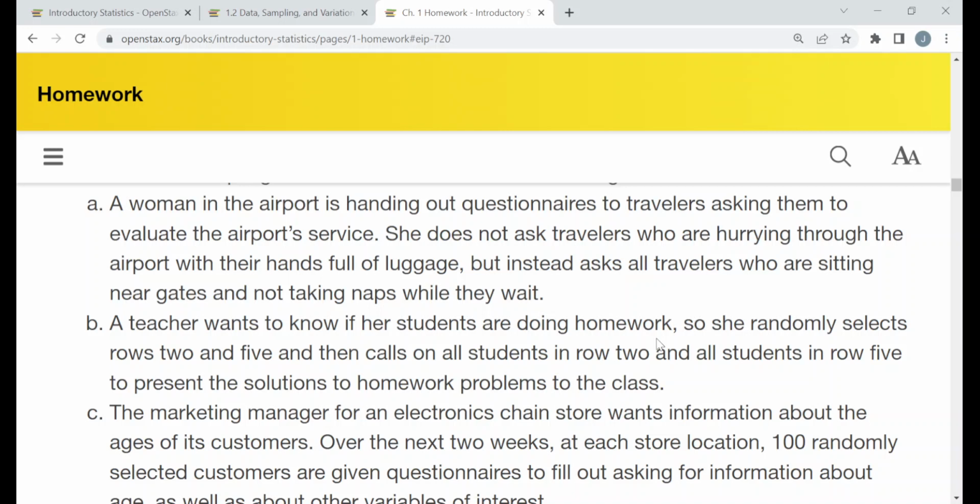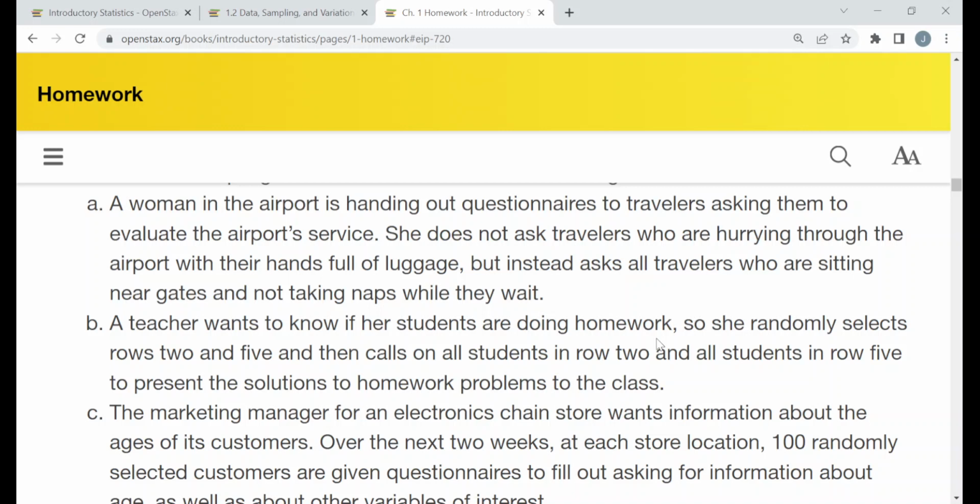Pulling names out of a hat, random number generation, just very simple. Every group of the same size has the same chance of being chosen. Stratified sampling: populations broken up into strata, groups, and then about the same proportion of people are taken from each group to make up the sample.